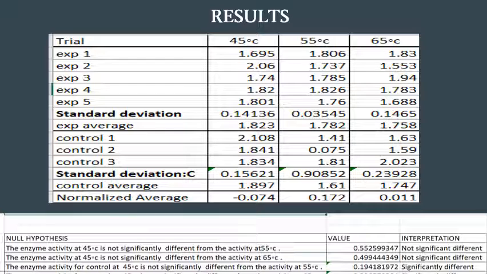So the results indicated that whenever the enzyme was at 45 degrees, it is not significantly different at 55 and 65 degrees, whereas for the enzyme activity for control, when it's at 45 degrees at the highest, it is significantly different from the activity at 55 and 65 degrees.